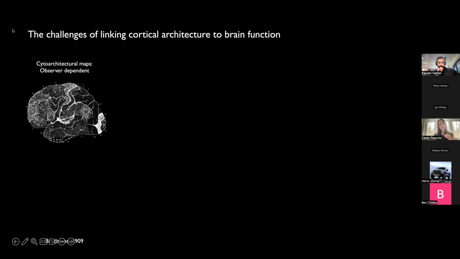In other words, where one person draws a border isn't necessarily where another person draws a border. This means they don't fit today's scientific standards of reproducibility, and we can't necessarily rely on them to appropriately represent architectural heterogeneity. And that's aside from the huge debates in neuroanatomy about which atlas is really correct, whether it's areas, gradients, etc.